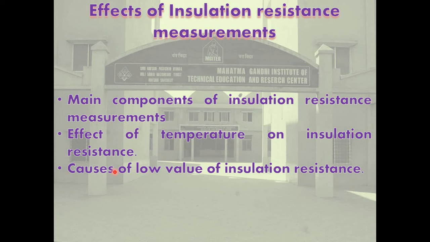Moisture in insulation is removed by drying out processes. The drying out is carried out before commissioning of the equipment, after an idle period of 2 or more weeks, and also after major overhaul, depending upon the size of the equipment. So these are all the topics in insulation resistance measurement.